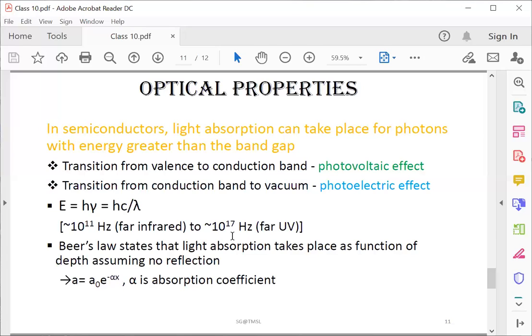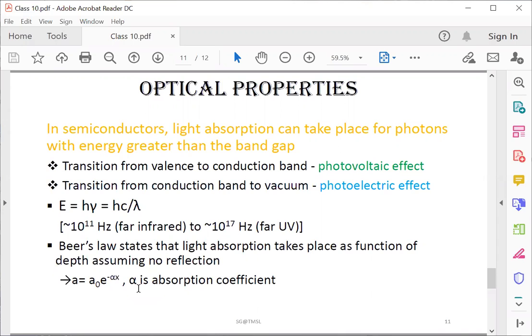Some of the radiation, depending on its energy, goes to a higher depth and is absorbed there, and some of the radiation cannot penetrate to a higher depth. Beer's law states that the absorption A is equal to A naught e to the power minus alpha x, where alpha is known as the absorption coefficient, x is the depth, and A naught is the absorption at x equal to 0.